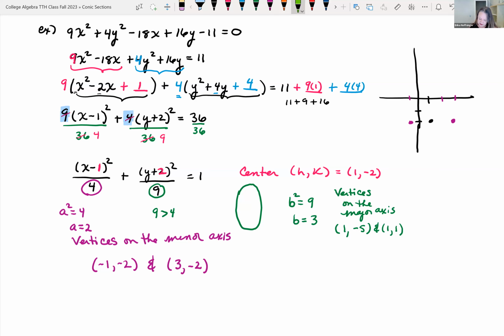On the major axis, we have 1, -5, and we have 1, 1. So joining our points on our vertices, we get the following shape of our ellipse.